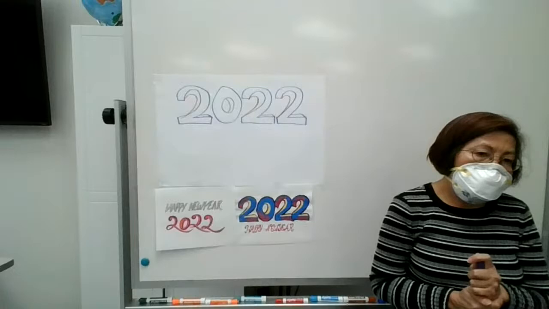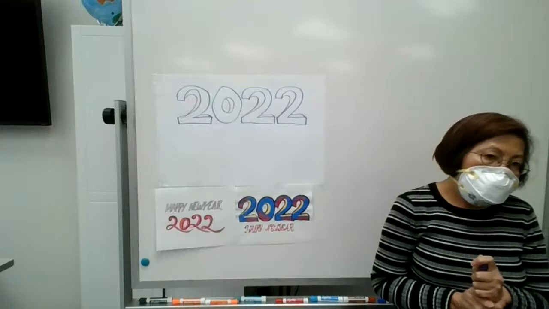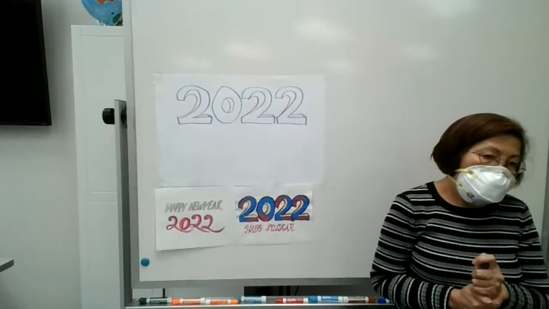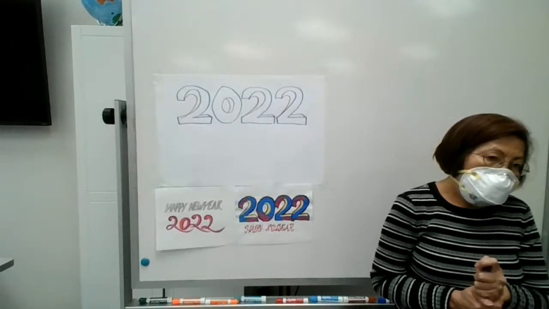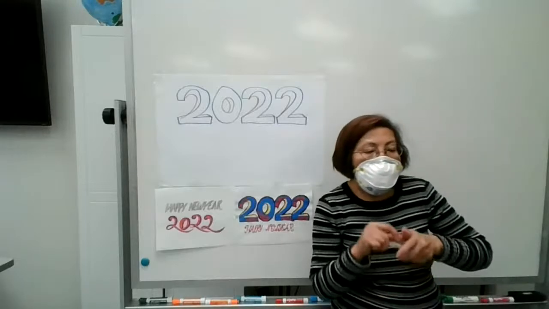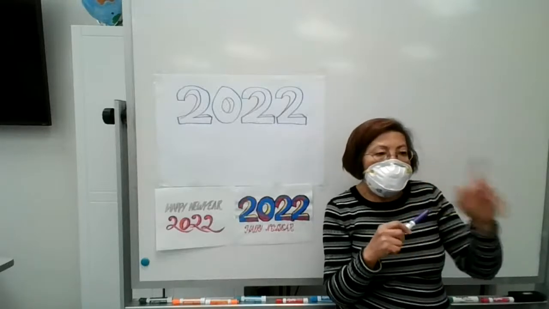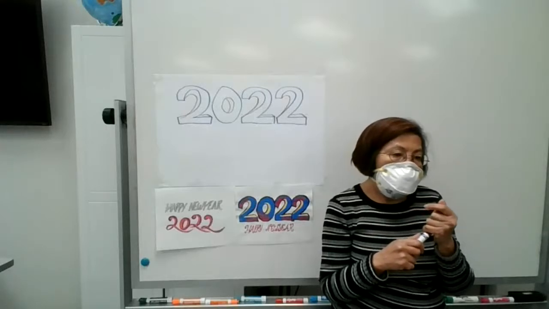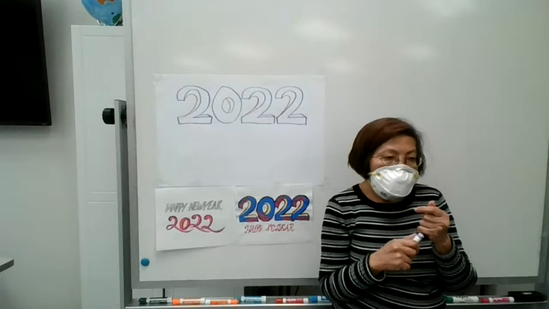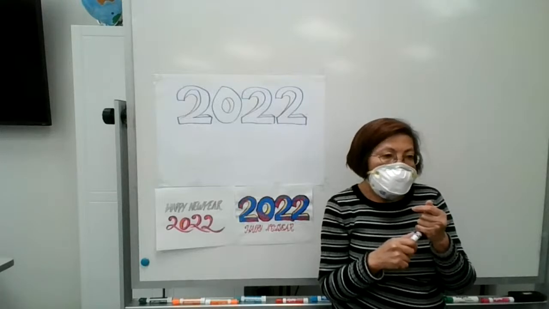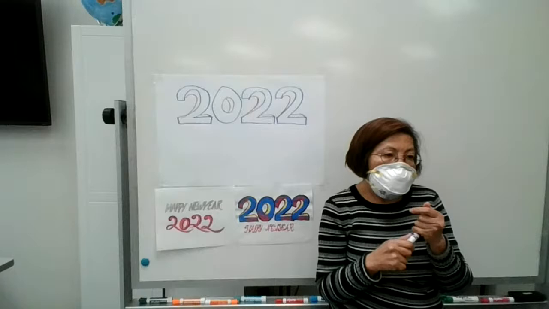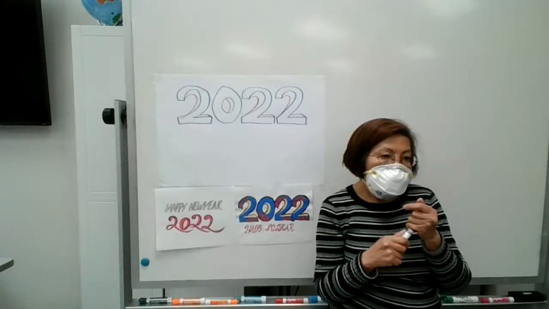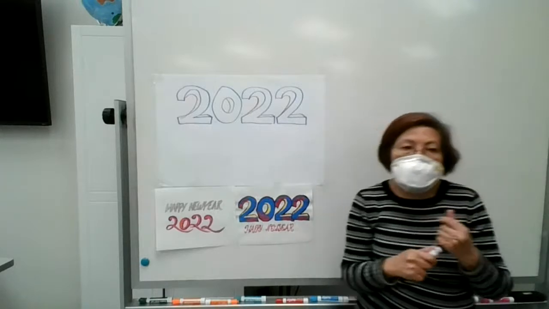H, H A, A, P, P Y, right? Okay, so thank you, Katie. And Tegan, can you spell New Year? Happy New. Here. And year. Y E A R. Very good, Tegan. Thank you.